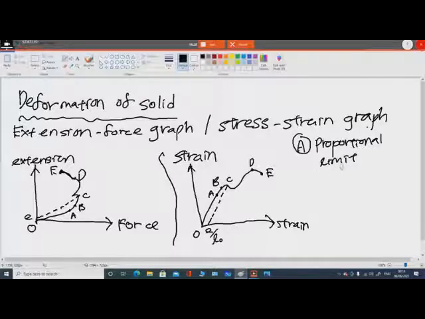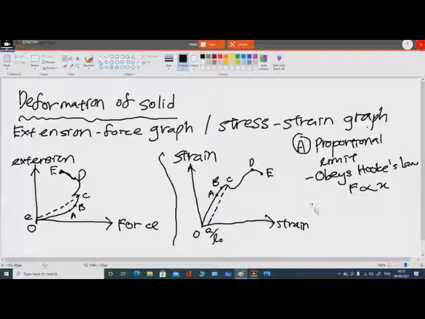In this point A, we know that it actually obeys Hooke's law, by saying that F is directly proportional to the extension. We need to note that Hooke's law is only applicable if the object does not exceed the proportional limit. So this is how the proportional limit works.